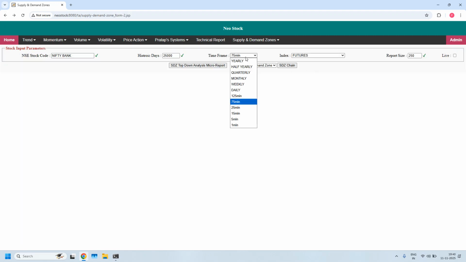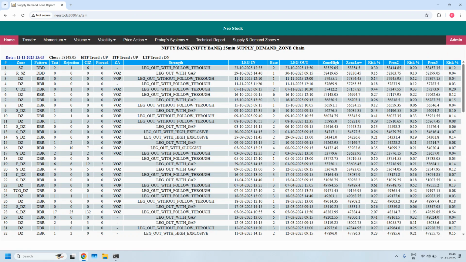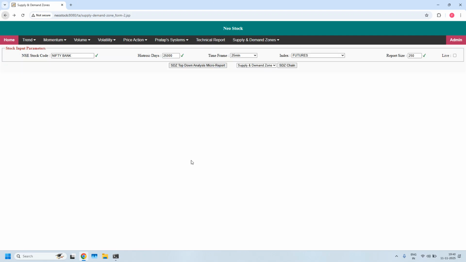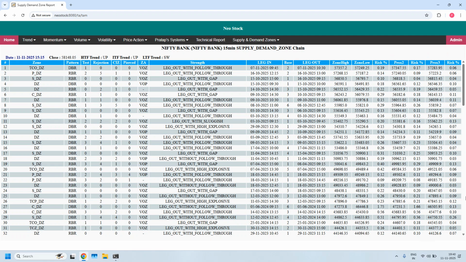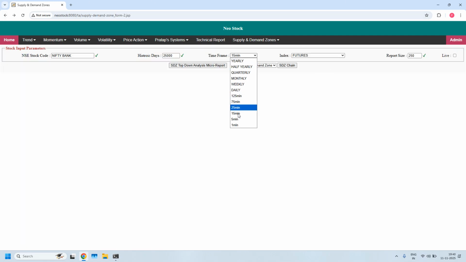Next, generating 25 minutes, 15 minutes, and 5 minutes supply demand zone chains for BANKNIFTY.